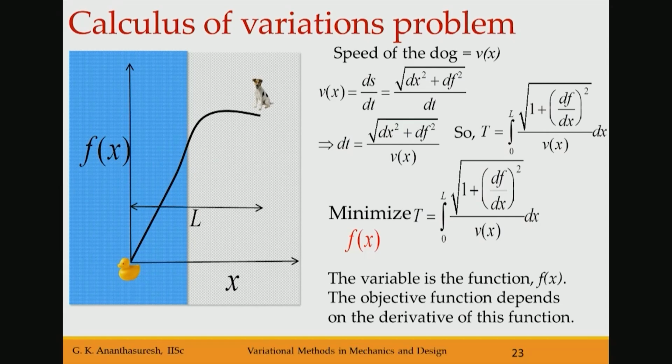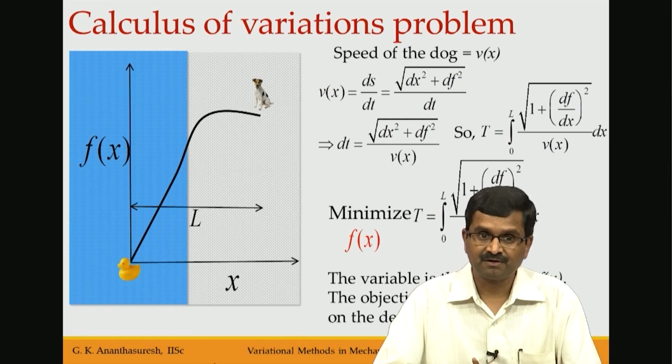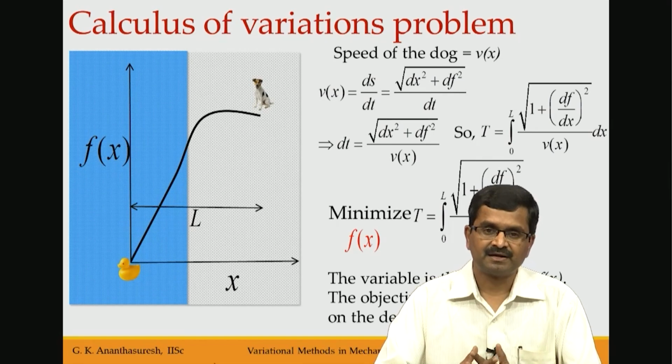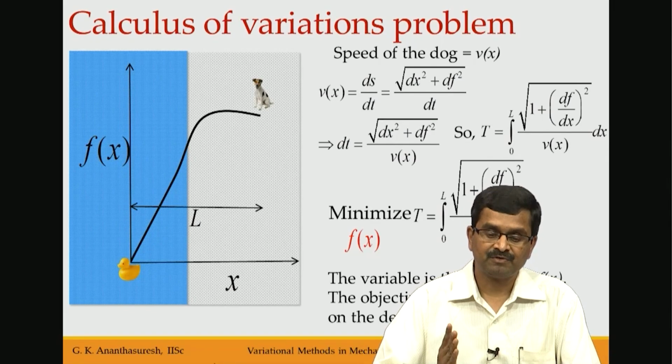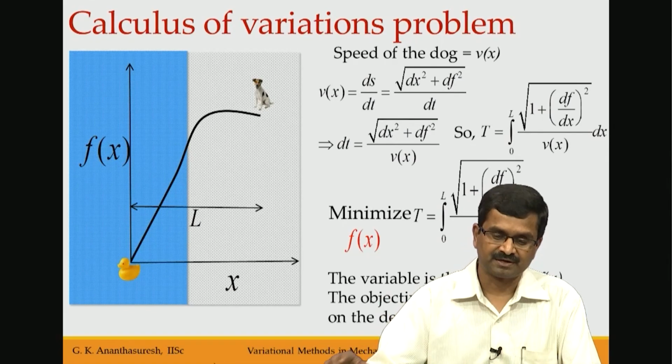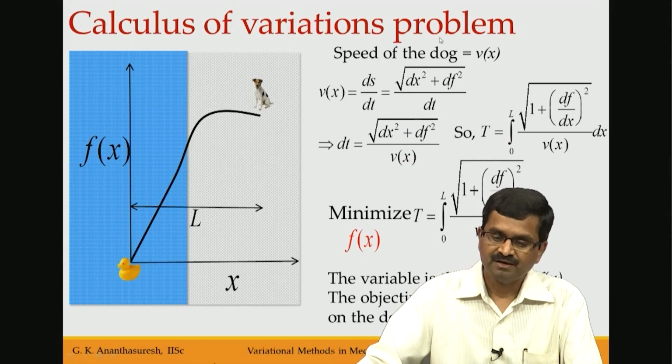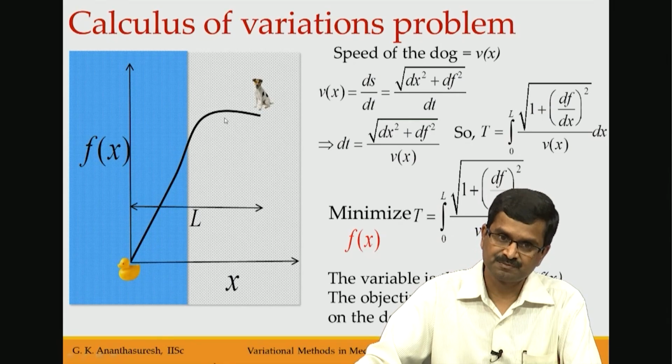If I put it mathematically, like I said in the last lecture, optimization is mathematical, everything is analytical. We call it analytical mechanics or analytical dynamics. Optimization is very analytical, we can pose problems mathematically. For this, if I denote speed of the dog as V(x), that is as a function of x, at different values of x it has different speeds.